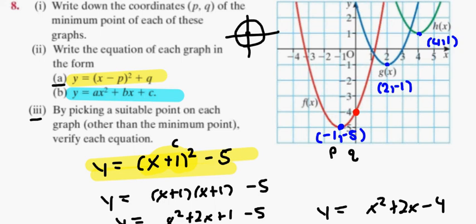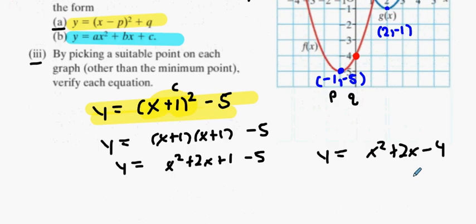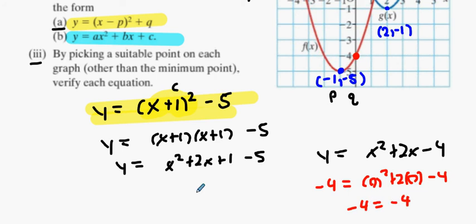What can I do to verify my equation? Yeah, y equals -4 when x equals 0. Is my equation verified? Perfect, isn't it? And what about this one? Well, yeah, it's the same equation, so that's no big deal.